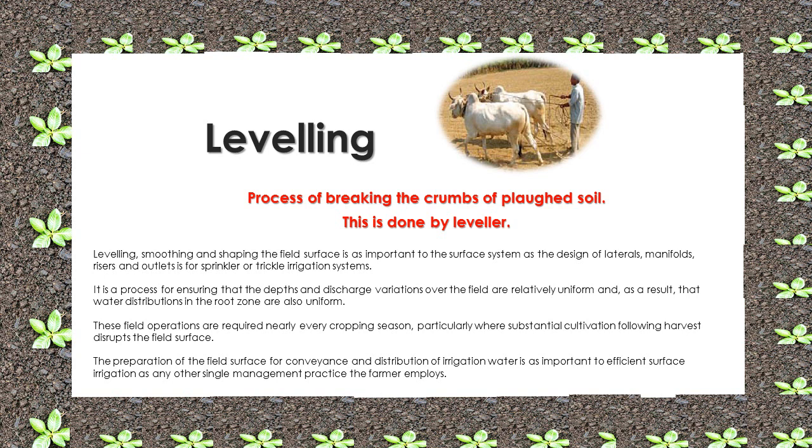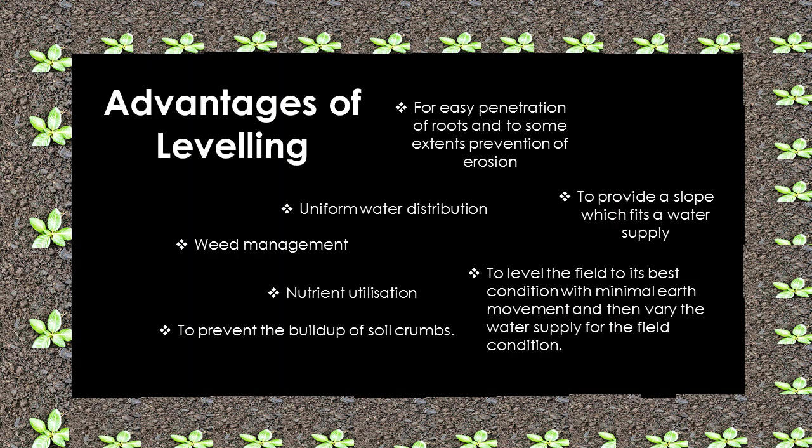The preparation of the soil surface for convenient distribution of irrigation water is as important to efficient surface irrigation as any other single management practice that a farmer or gardener employs.